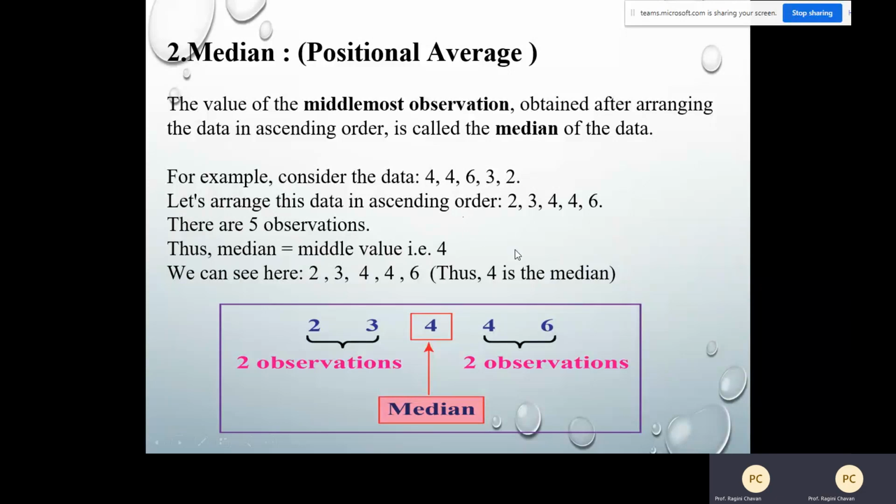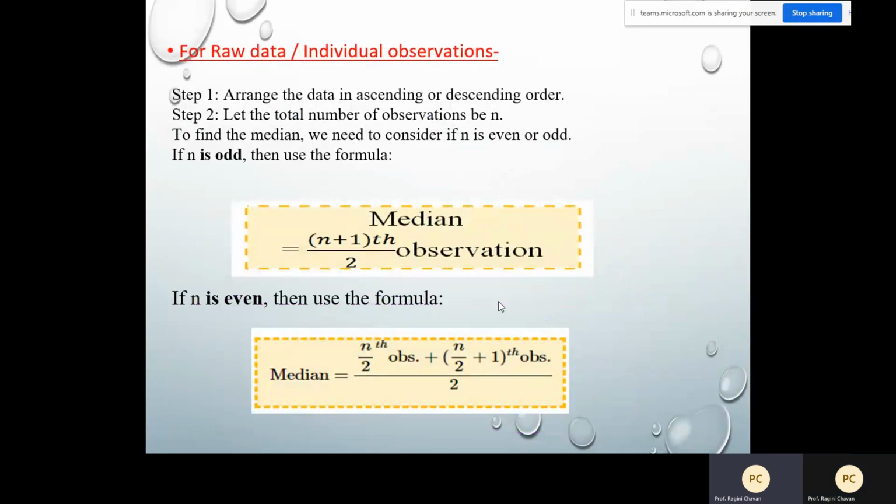To find the median for such data, we need to arrange all the observations in ascending order first and then mark the corresponding middle value. That value is the median of that data. So we can see in the figure 2, 3, 4, 4 and 6. The middle observation is 4. Therefore, the median of the corresponding data is 4.